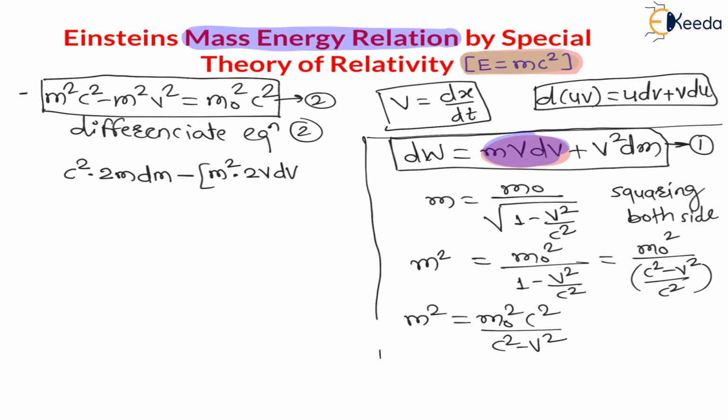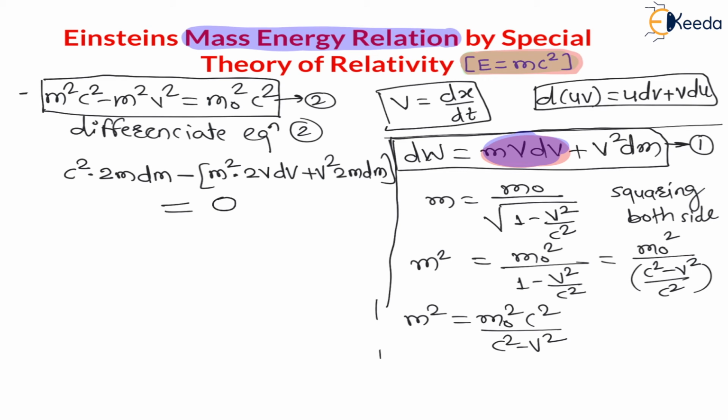Then V square is constant, plus V square times derivative of M square, which is 2M dm. 2M dm is equal to, now here both M naught and C are constant, so this complete term M naught square C square is constant, and derivative of a constant is 0, therefore it is equal to 0.